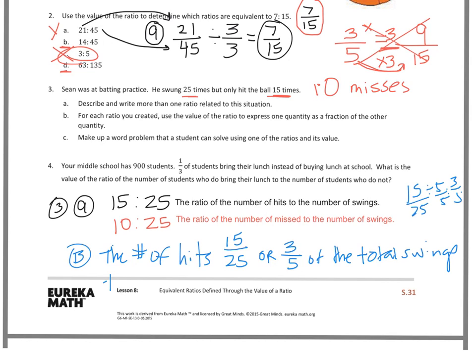I'm going to say the number of misses, and that's 10 to 25 because my first number goes on top, my second number goes on the bottom. And I have to simplify down 10 25ths.